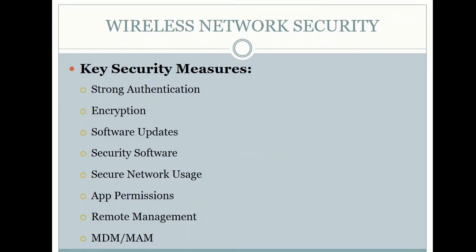For secure network usage, we have to protect the network with routers and proper gateways, and also app permissions, application permissions, remote management, MDM and MEM, that is message authentication methodologies, and mobile device management are there. All those things come under the key security measures for wireless network security.